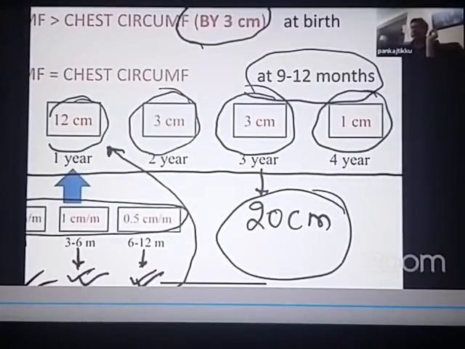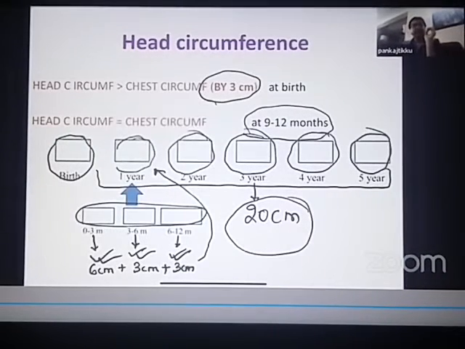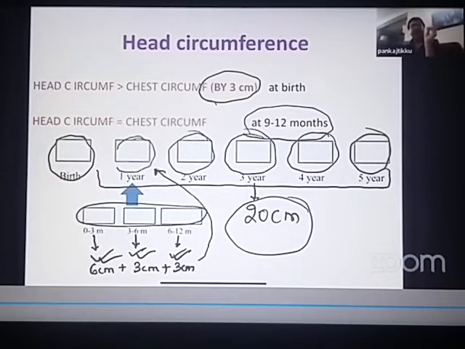Okay, so we did weight, we did length, we did head circumference. We have talked about the 3 age-dependent parameters of growth assessment.